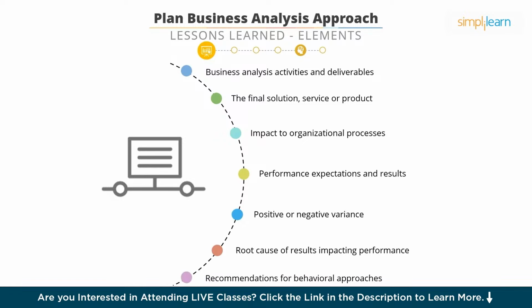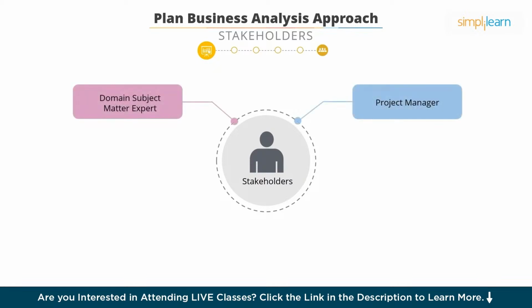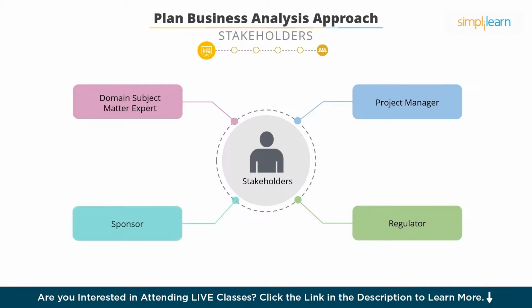A celebration may be included in lessons learned sessions if there is any notable achievement during the iteration, project phase, or project. The business analyst may involve the domain subject matter expert, project manager, regulator, and sponsor in this task.